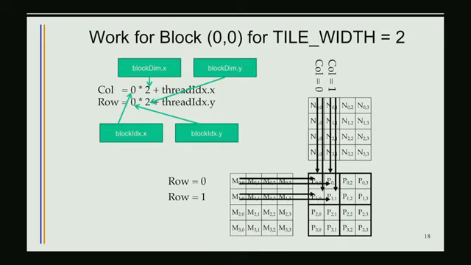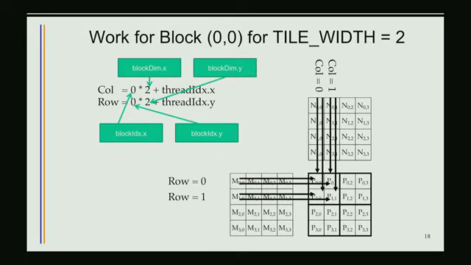P00, P01, P11, row, comma, column. Okay. So let's look at this right here. In fact, let's start with maybe this thread that's calculating P00.